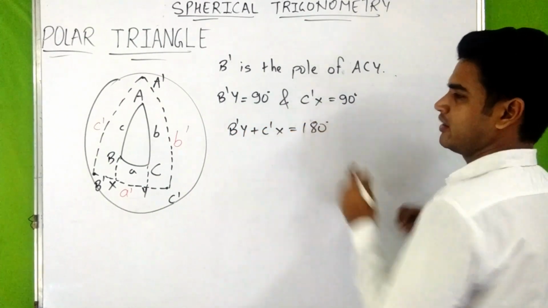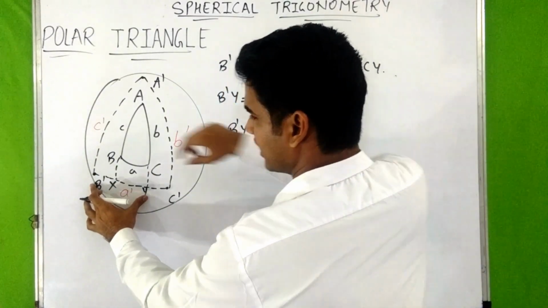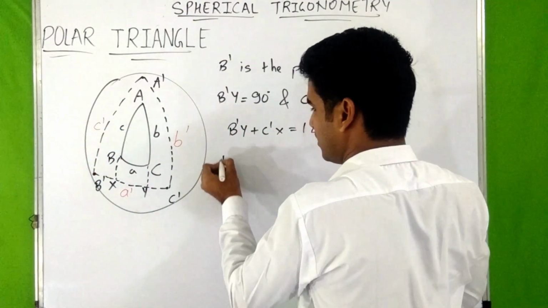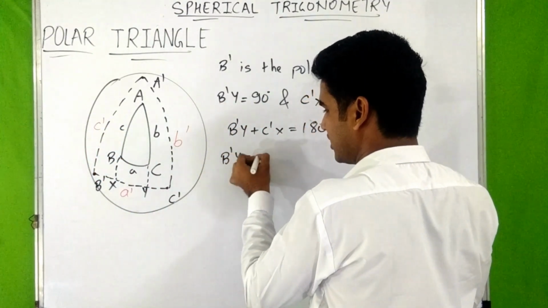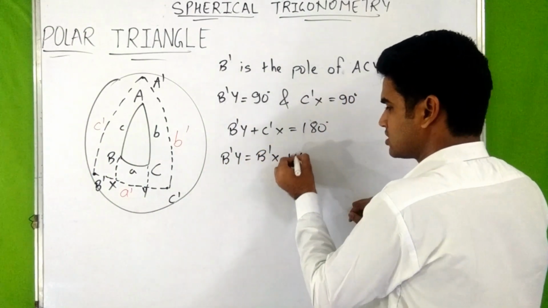degree. Now this B dash y can be written as B dash x plus xy.